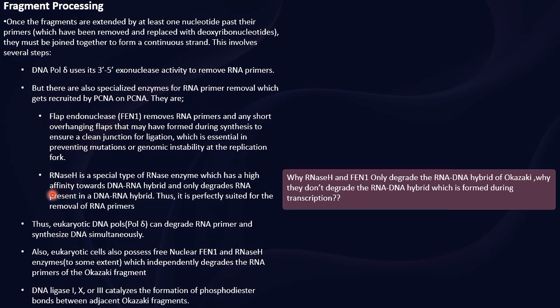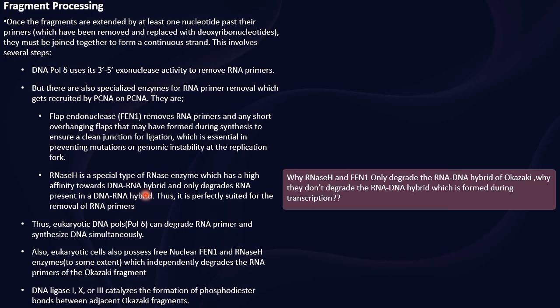FEN1 stands for flap endonuclease 1, which removes the RNA primer and any short overhanging flaps that may have formed during synthesis to ensure a clean junction for ligation. Whereas RNase H is a special type of RNase enzyme which has high affinity towards a DNA-RNA hybrid, just like DNA pol alpha, which also possesses a high affinity towards DNA-RNA hybrid.